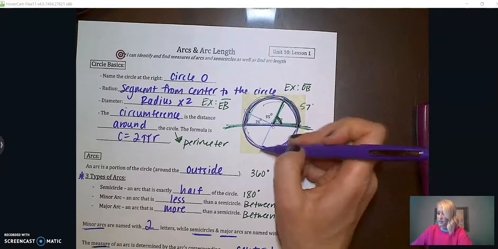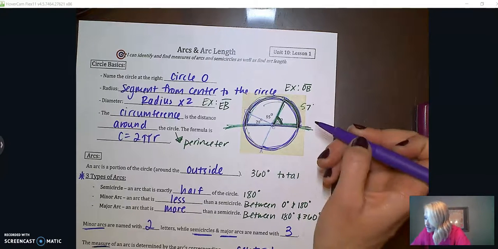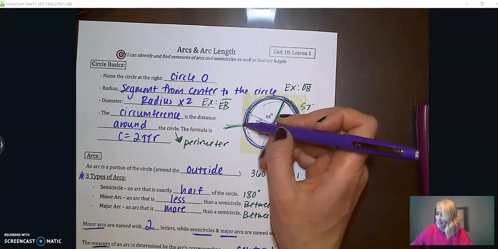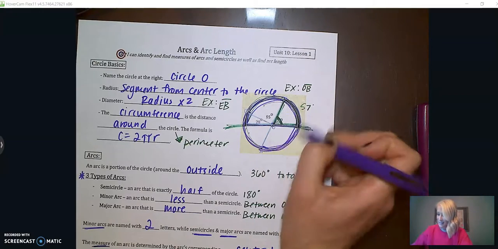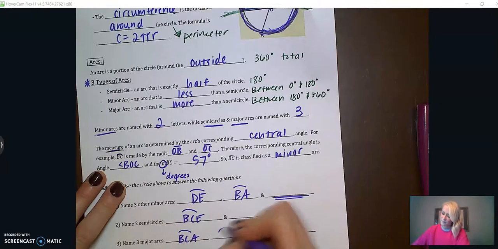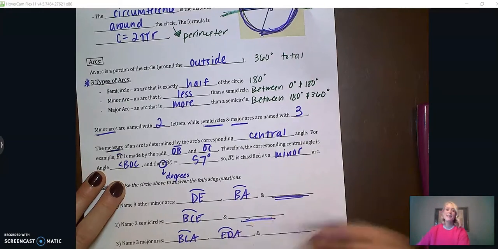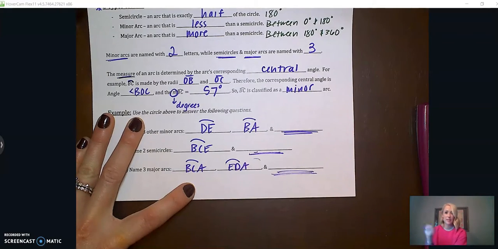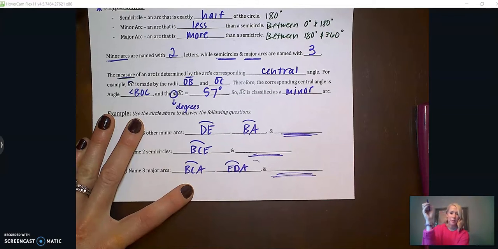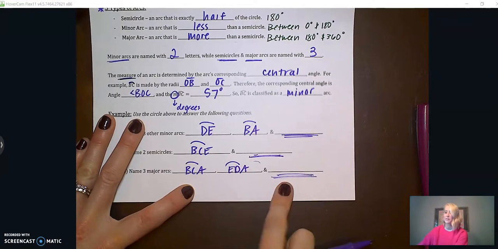And then let's start with E. Let's do EDA. That's another one. Be careful not to name the same arc there. That can be easy to do, accidentally repeat, just going the other way, but make sure it's a totally different arc. Mark it there.